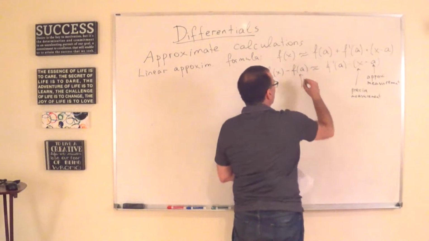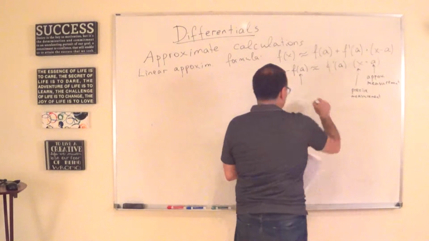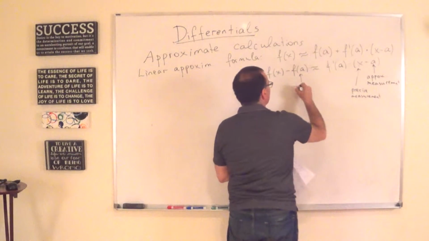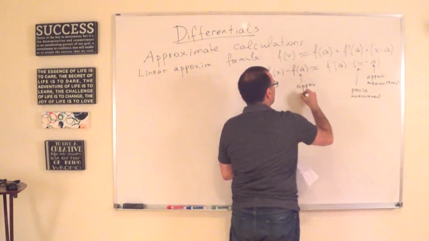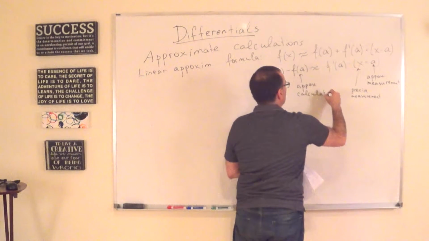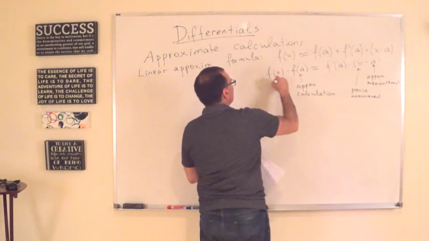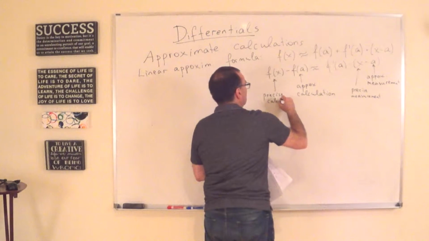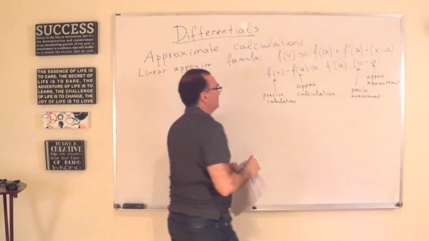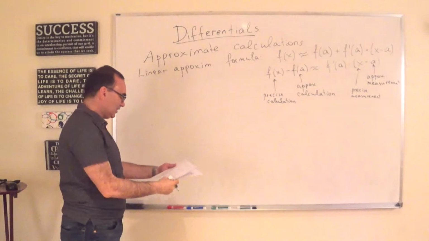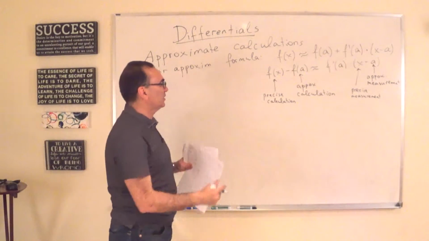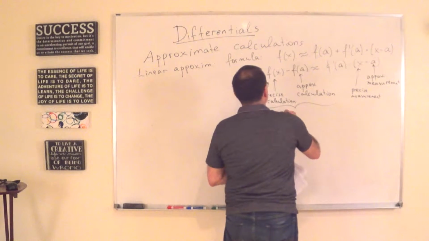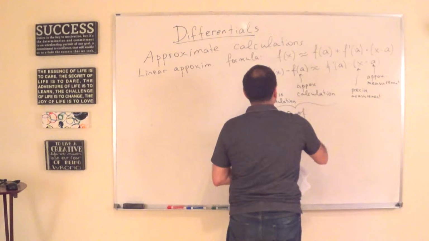So f of a will be the approximate calculation of that energy or whatever we are calculating, and f of x will be the precise calculation of that energy or whatever that value is. And the difference between the precise calculation and the approximate calculation is actually the error of calculation.